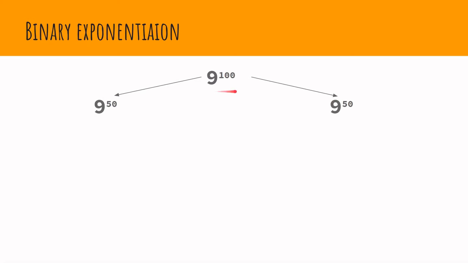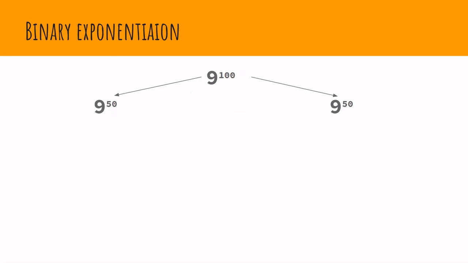So if I am using 50 operations to get 9 to the power 50, I am utilizing one more operation to multiply it by itself to get 9 to the power 100. In short, I am using 51 multiplication operations. So you can see the number of multiplication operations has reduced drastically. It is almost half of what we were using in our previous method.